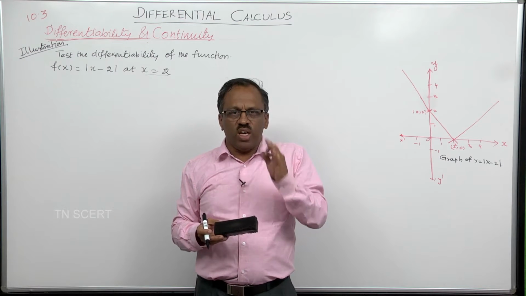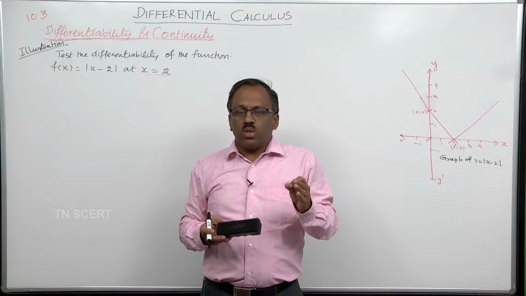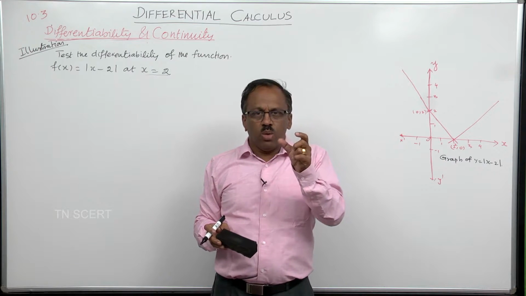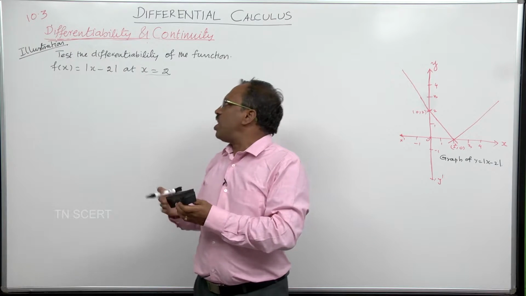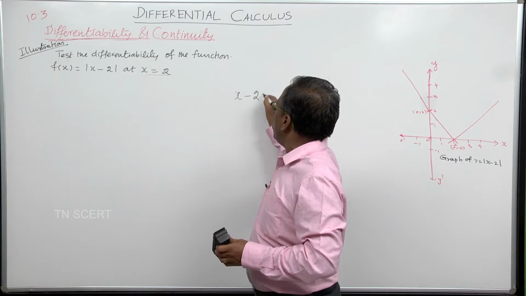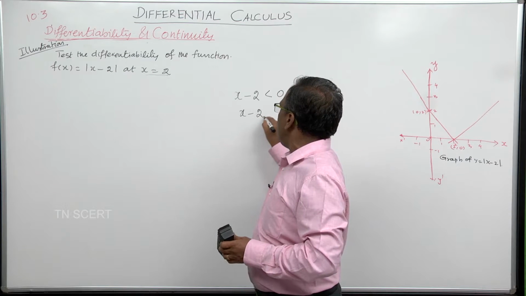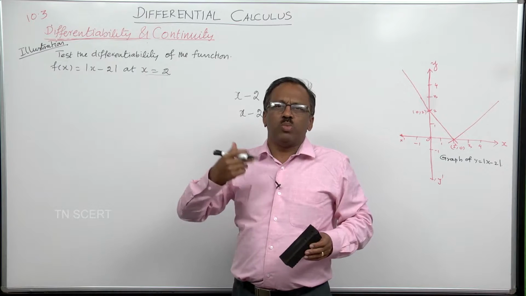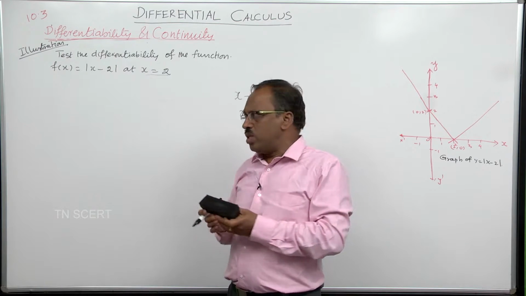Modulus means the value of x, negative values as well as positive values. Here, modulus of x minus 2 means x minus 2 less than 0 and x minus 2 greater than 0. In both cases, we have to check whether it is possible or not.